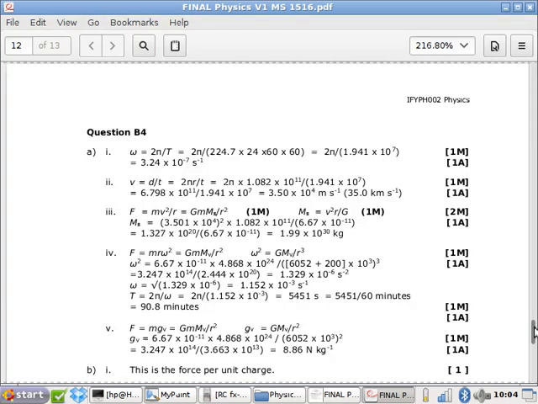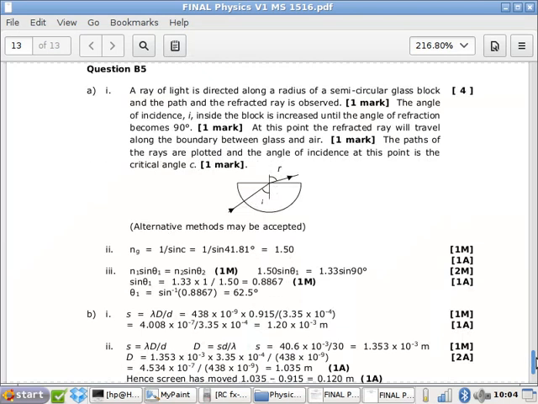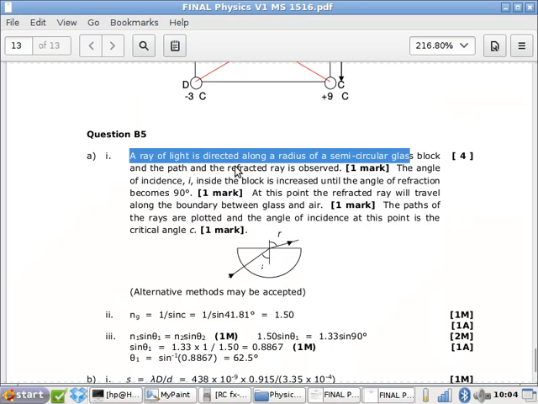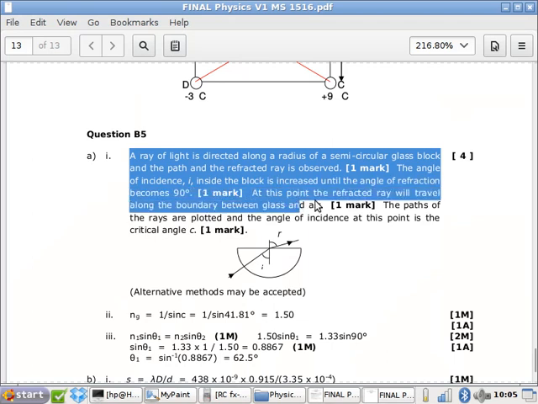This is good. A ray of light is directed along the radius of a semicircular glass block, and the path of the refracted and reflected ray is observed. The angle I is increased until r is 90. At this point, the refracted ray will travel along the boundary between the glass and air.